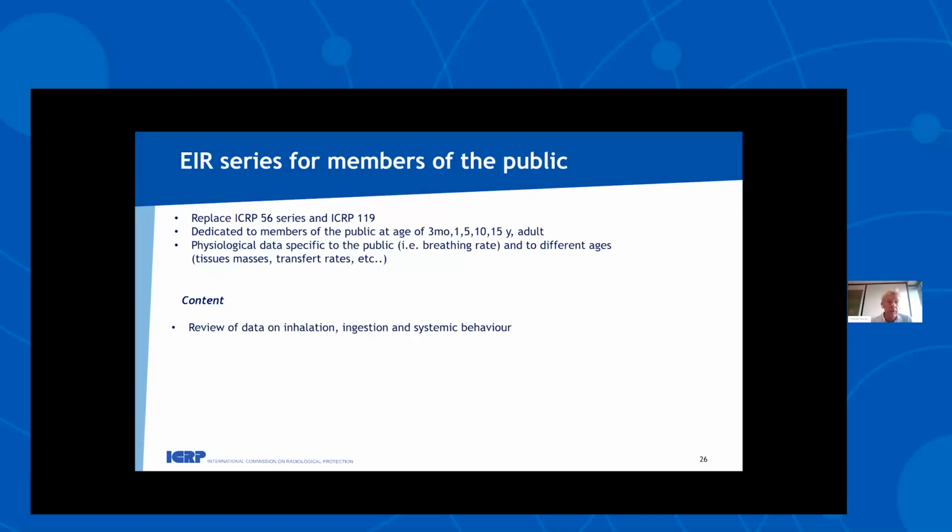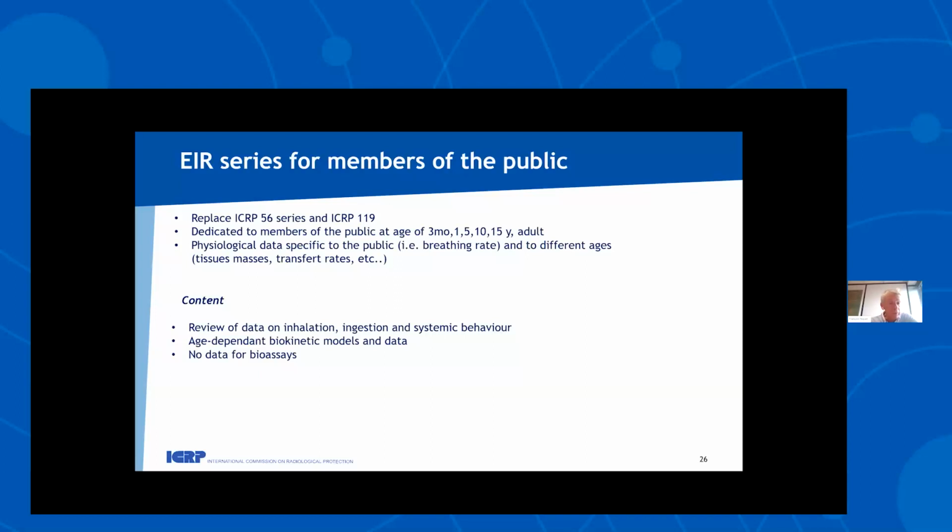And so for the content of this series, we will have, as for the worker, a specific review of data on inhalation, ingestion, and systemic behavior of elements. We will provide age-dependent biokinetic models and data.